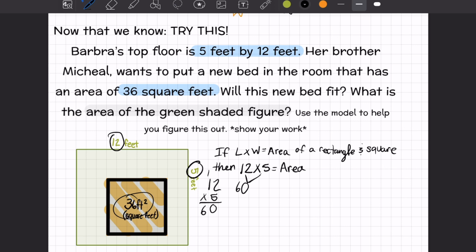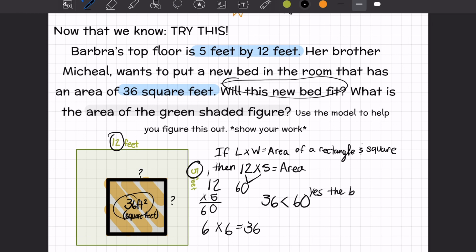So if this is 36 square feet, then we can do the square root of 36, which we also know, if they need to have a number here and a number here for length times width, they know that 6 times 6 equals 36. From here, this is where some of them will stop, and they'll say, okay, well, this new bed will fit because 36 is less than 60. So yes, the bed will fit.